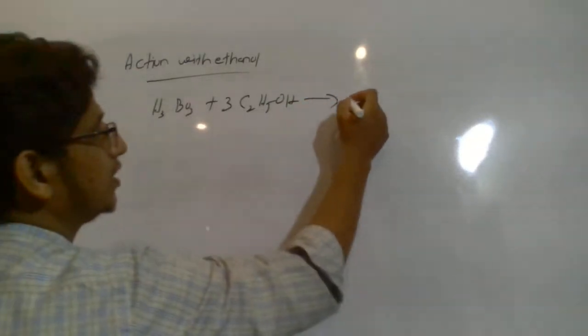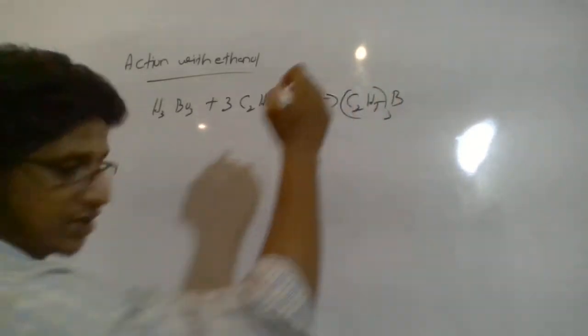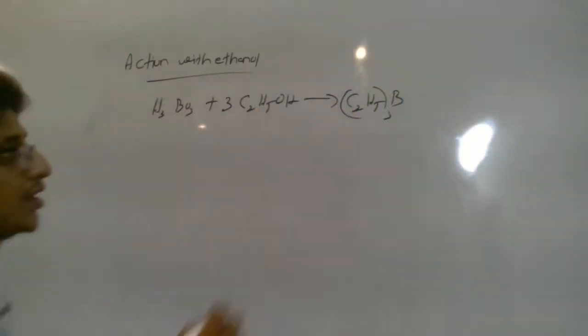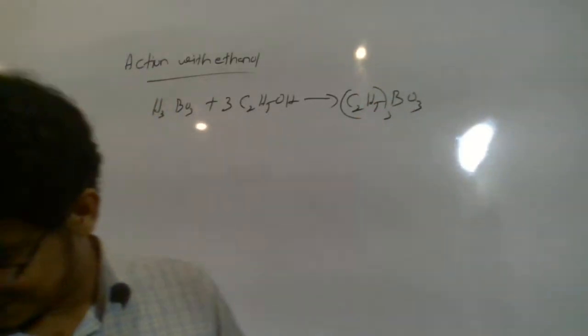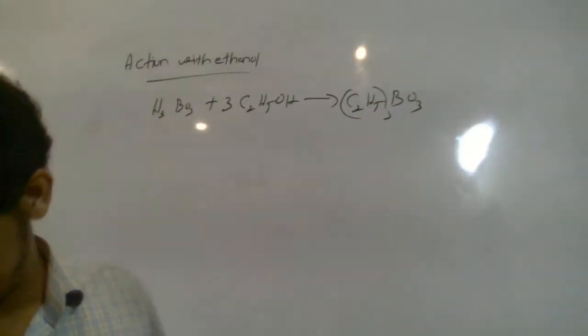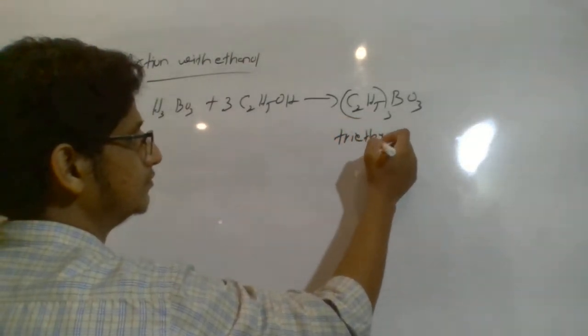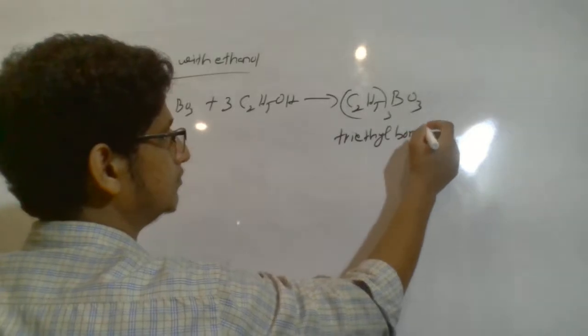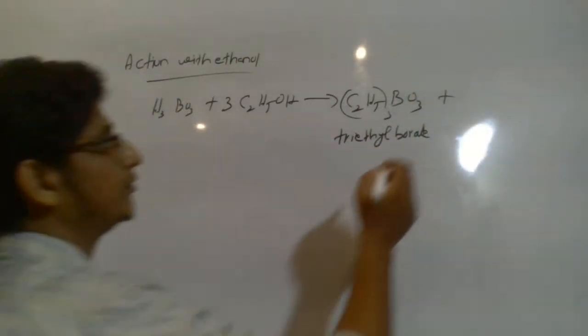First you get (C2H5)3BO3. The name is triethyl borate. Triethyl borate will be formed, plus, as a by-product, water.